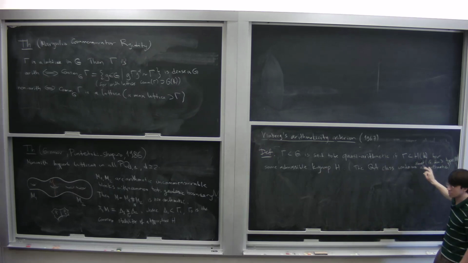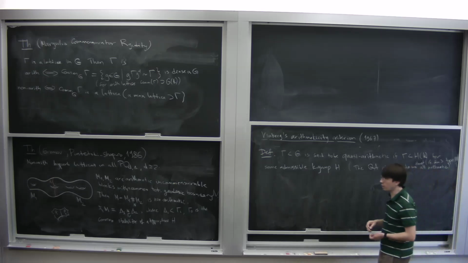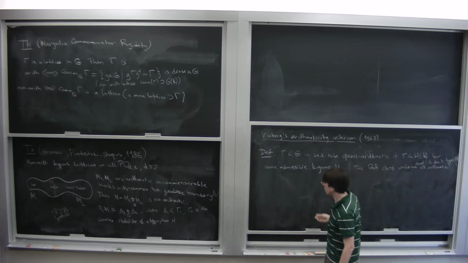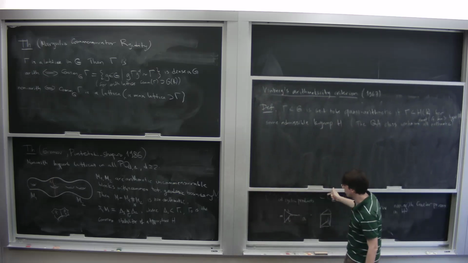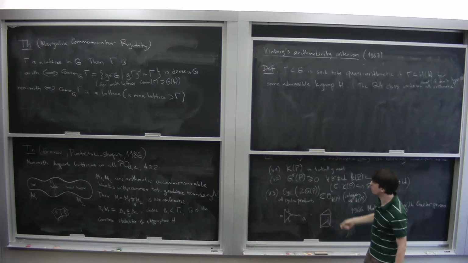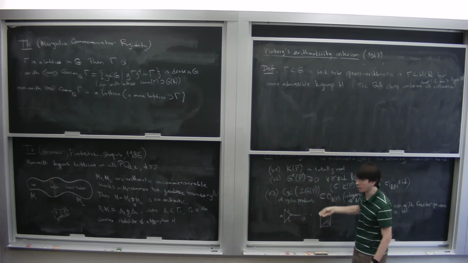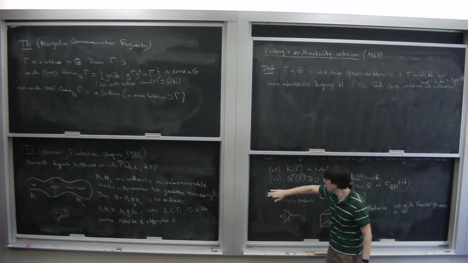But again, this is a very tricky thing. So the quasi-arithmetic class is generally larger, and in fact, Vinberg, in his criterion of arithmeticity of reflection groups, also gave a criterion for quasi-arithmeticity.